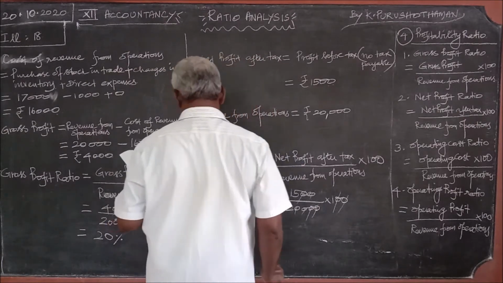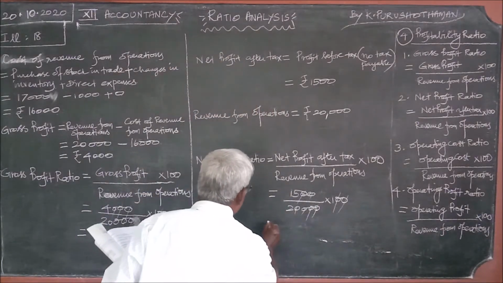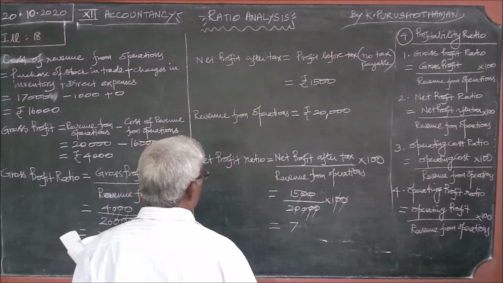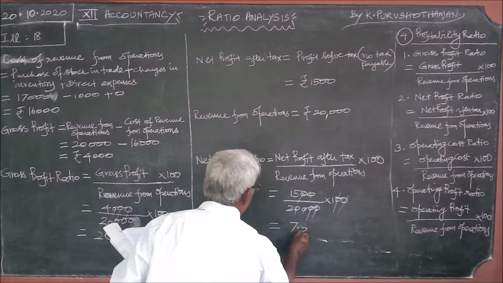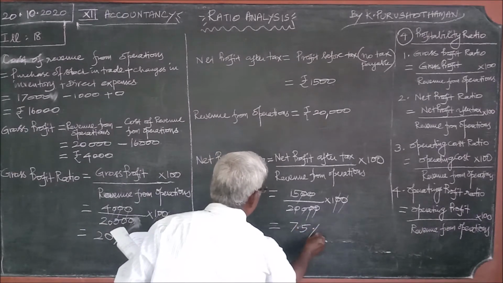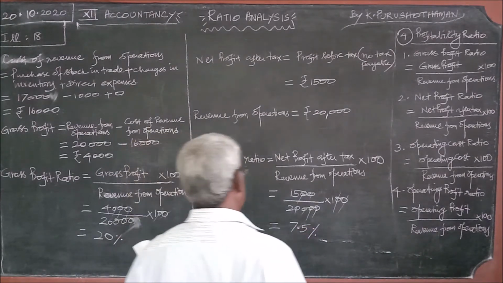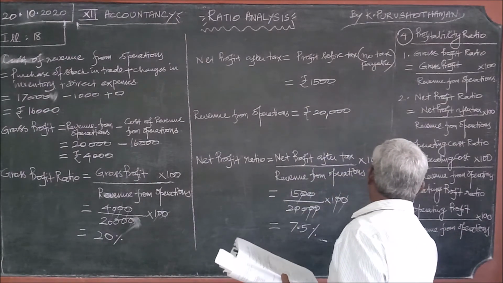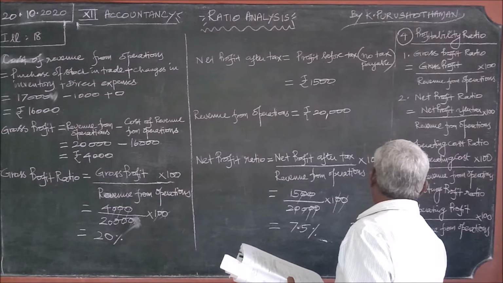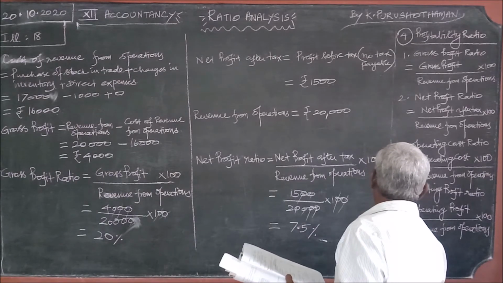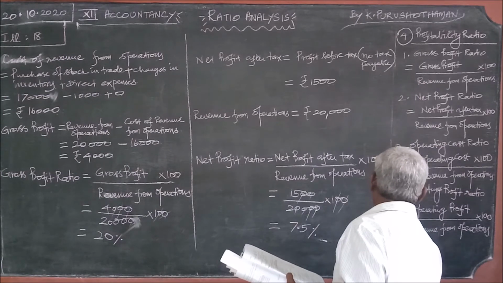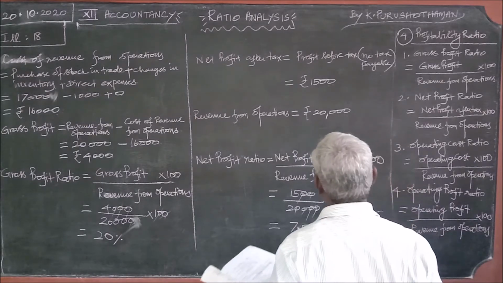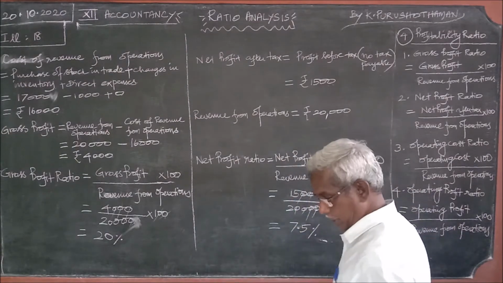This is 15 divided by 2, 7 2s are 14, remainder 1, add a 0, put the point, 5 2s are 10, therefore 7.5%.